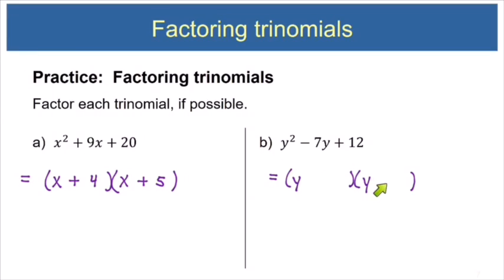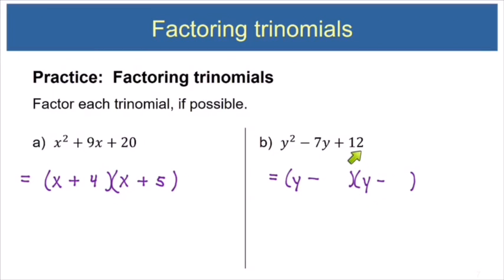The last times last made a positive 12. So I know that the signs that go here both have to be the same in order to produce a positive for our last term. But I don't know if they should both be positive or both be negative. So I need to look here. And this tells me that both signs here and here should be minus.